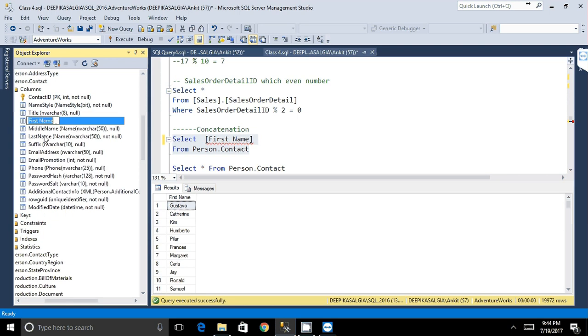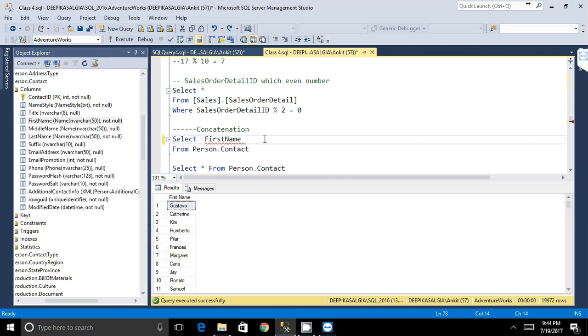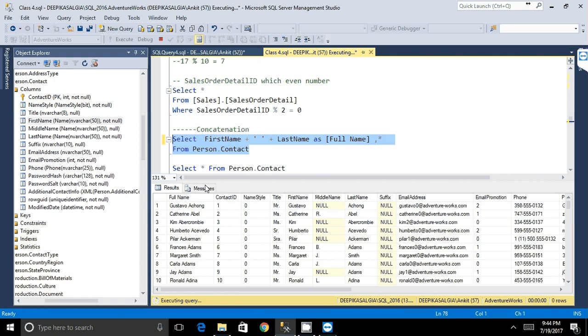So let me put it back. Let me remove the space. Okay. So now what I was saying is, you want the space in between the data values. When you concatenate, you want to introduce a space. So you add a single quote, you put the space, and then you say last name. Okay. So that would give you the space in each of them.